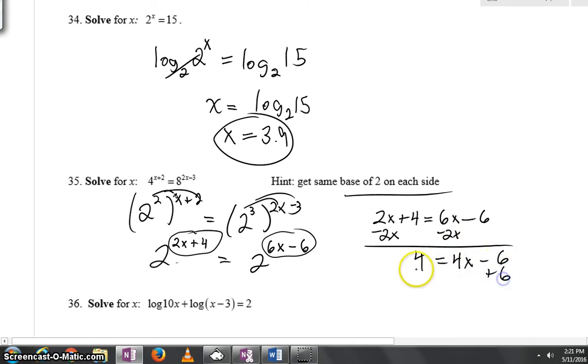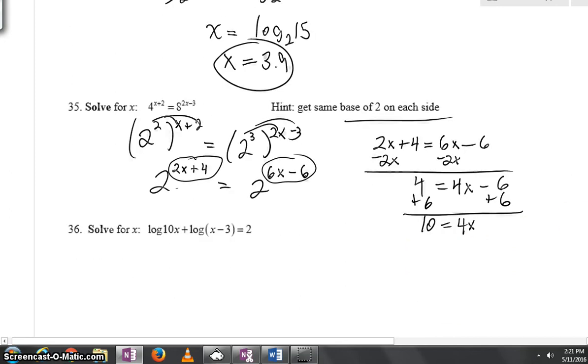Then I'll add a 6. 4 plus 6 is 10. And then you're going to divide, and as you divide, you very well could get a decimal or a fraction. As a fraction, we'd divide out a 2, you'd get 5 over 2. As a decimal, if you type that in, you'd get 2.5.